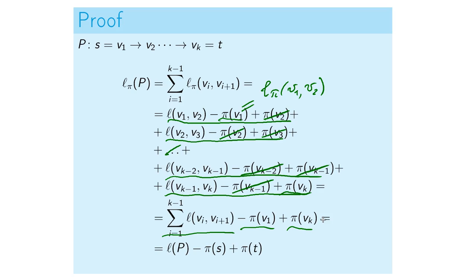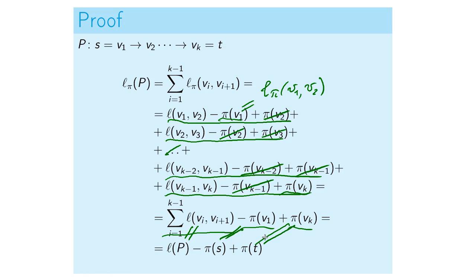And then we can rewrite this as the first summand is the length of this path in the initial graph, L of p, minus the potential of the starting vertex, because v1 is the same as s, and plus the potential of the last vertex, and vk is the same as t.